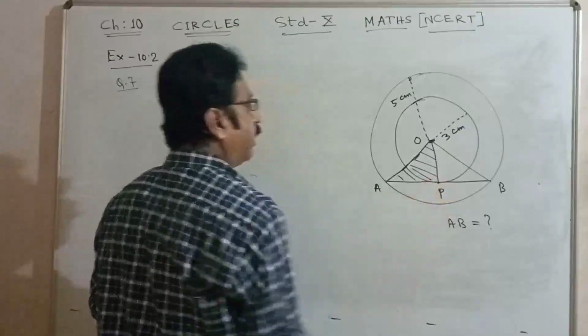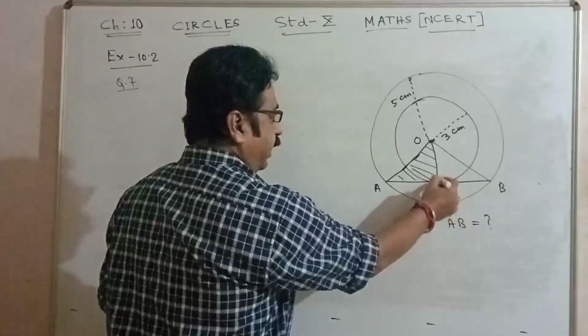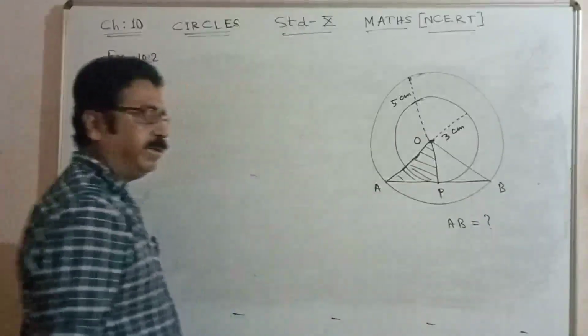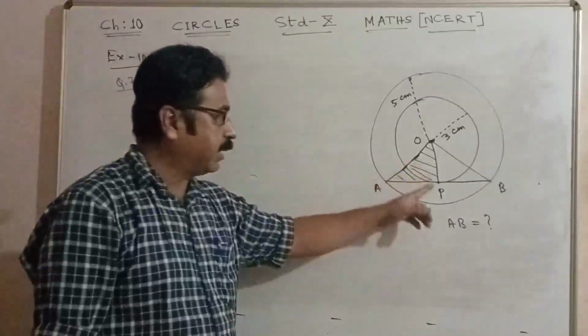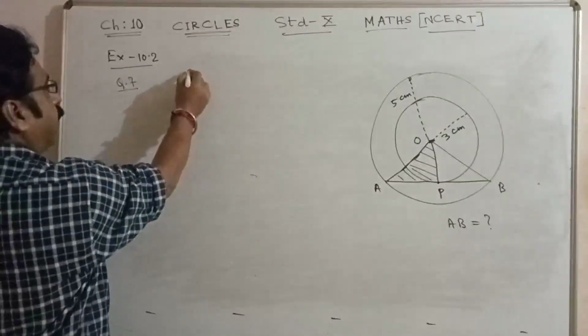Let us take this triangle. OP is the radius of the smaller circle and AB is the tangent to the smaller circle at the point of contact P. Theorem 10.1 we can apply.